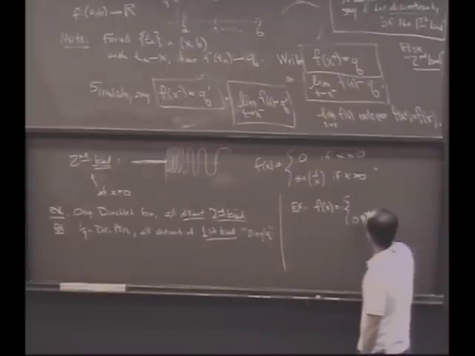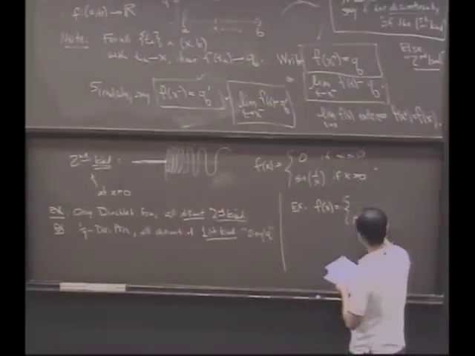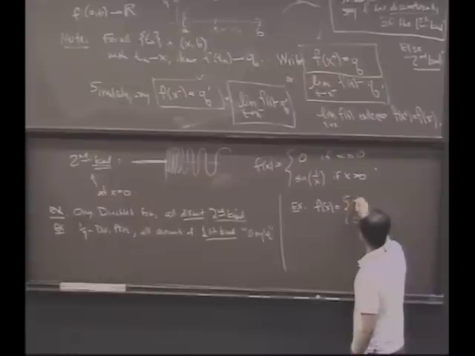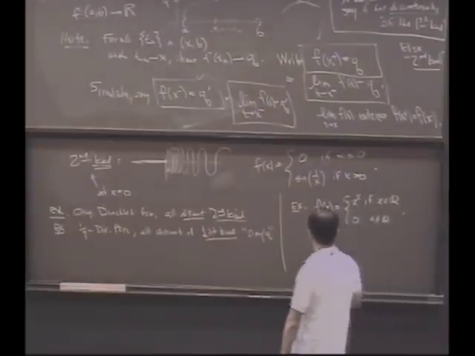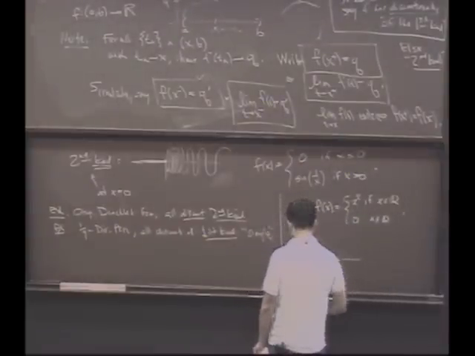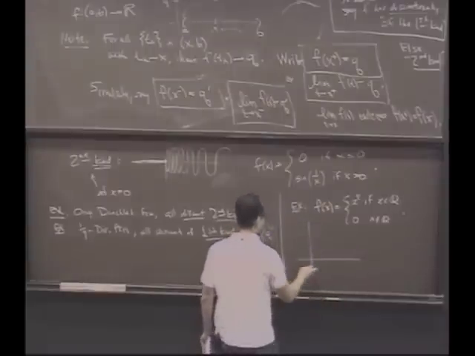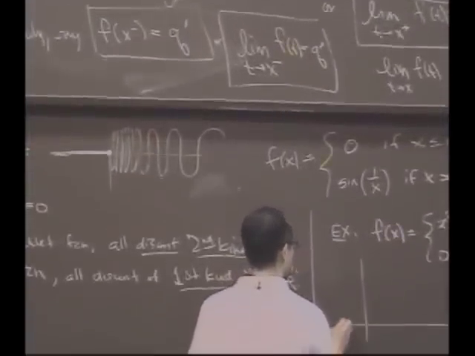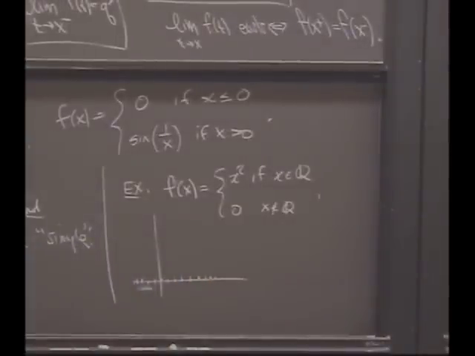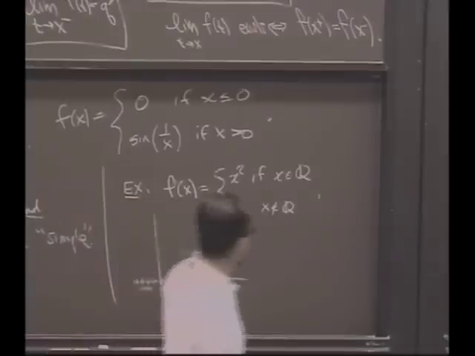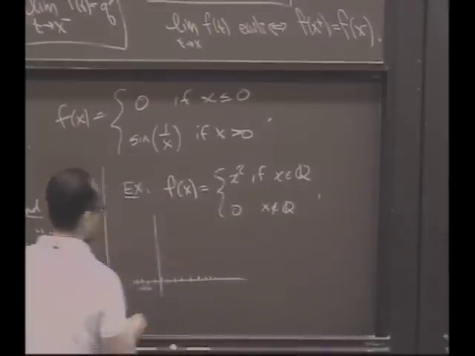How about 0 if x is irrational, and x squared if x is rational? What kind of function is this? So a lot of irrationals, it's 0. And if it's rational, then its value is x squared. So what does that look like?